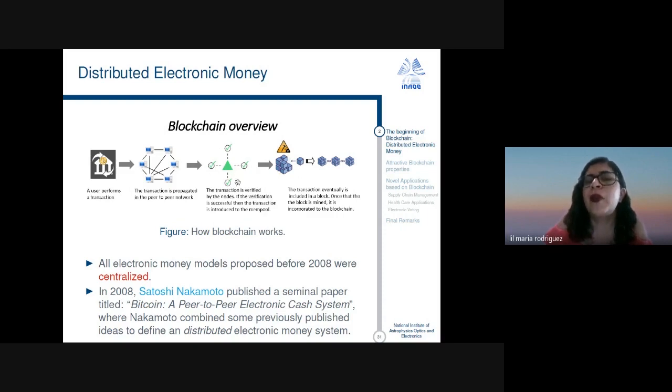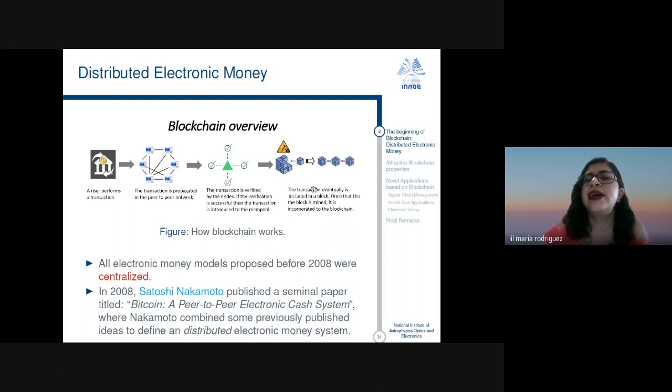So this mempool is just a pool of transactions, and eventually the miner will include this transaction in a block. So if the miner is lucky, he can answer the cryptographic puzzle associated with the block.